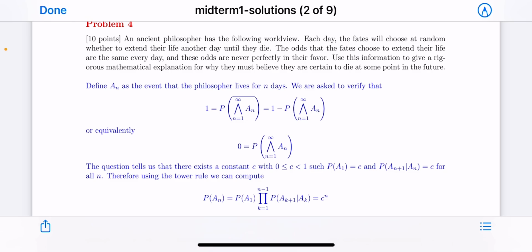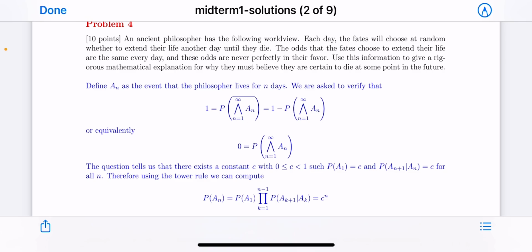So using the tower rule, we can say, all right, I have an initial probability of A_1, and then I have a whole long list of conditional probabilities that follow on from each other in exactly the right way to apply the tower rule.